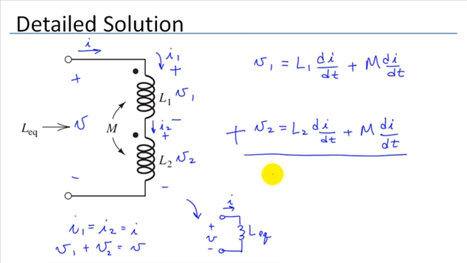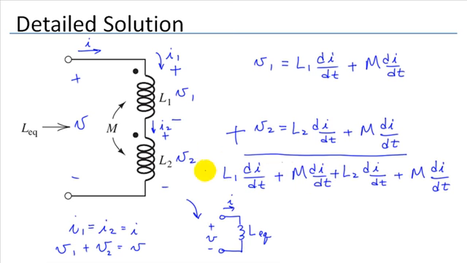So I'm going to add these two equations together. And that says that V1 plus V2 is V equals this conglomeration of four elements. Now each term has dI dt common.